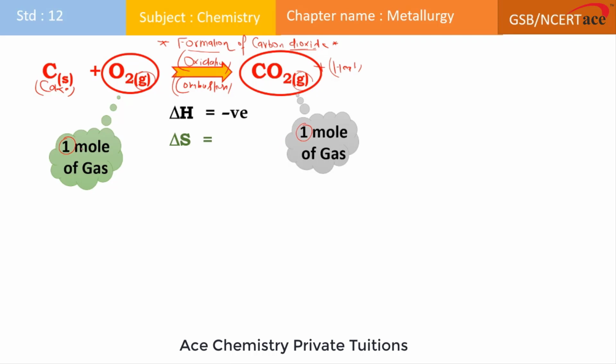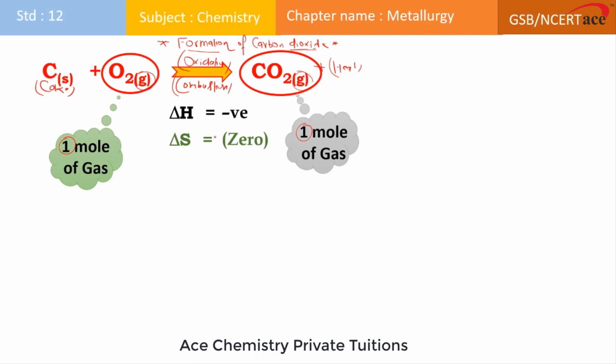So if the number of moles of the gaseous reactant and the gaseous product are equal, then the randomness of the system in the final and the initial state will be equal.